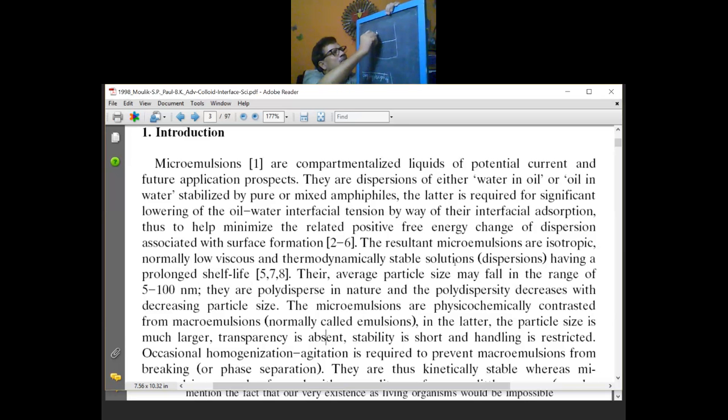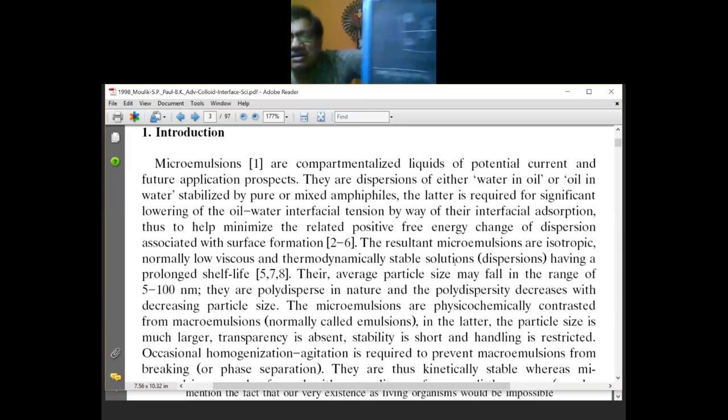If I have air and water, and surfactant molecules, the surfactant molecules will undergo interfacial adsorption, and what would be happening?